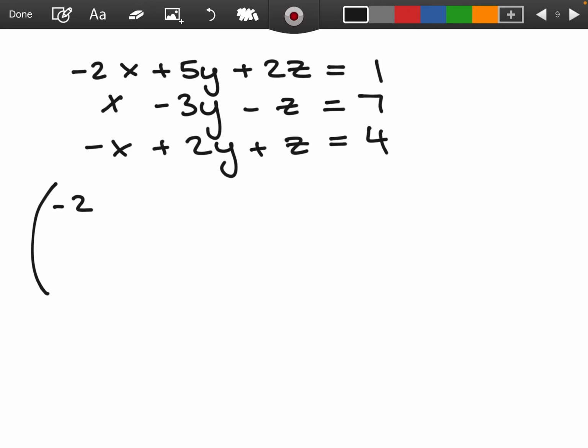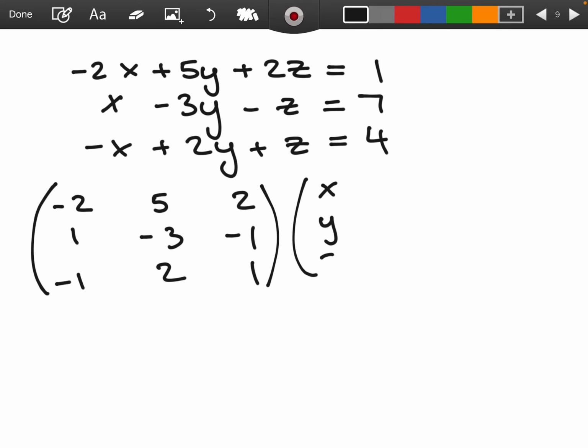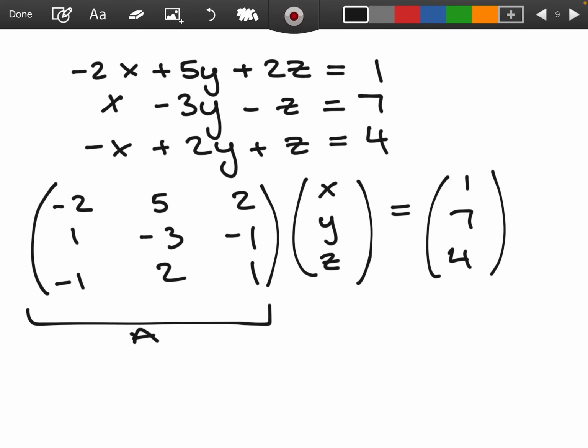My coefficient matrix is actually the matrix that we just looked at. And then I would have x, y, z is equal to 1, 7, 4. This is my matrix A. It is my coefficient matrix. Now we've just discovered that A has no inverse.